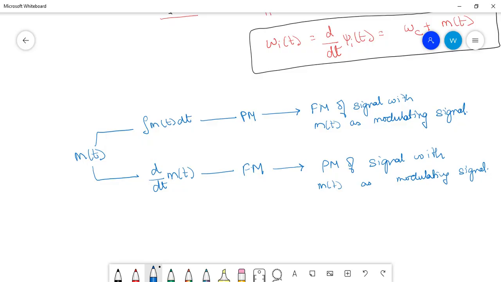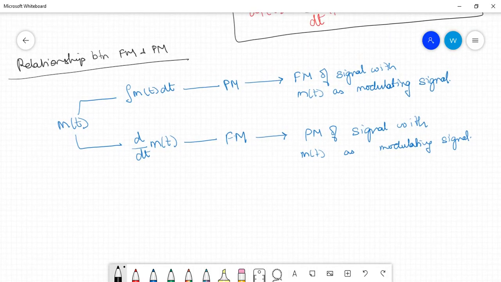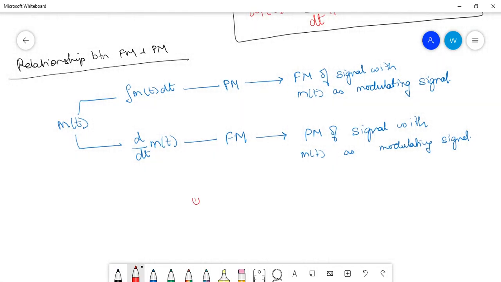These two things are happening together. So this is the relationship between your FM modulated wave and phase modulated wave.